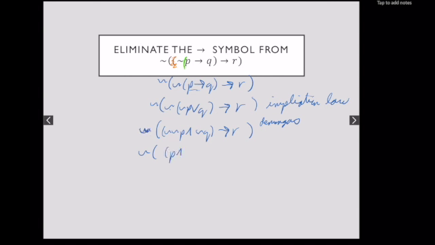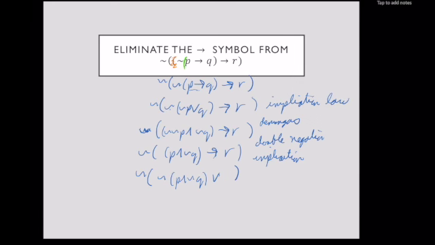P and not Q implies R. And that was double negation. Next, I'm going to get rid of my second implication symbol. So I'm going to use the implication law. So that gives me not P and not Q or R. I've got to make that so you can actually see that that's an or R.